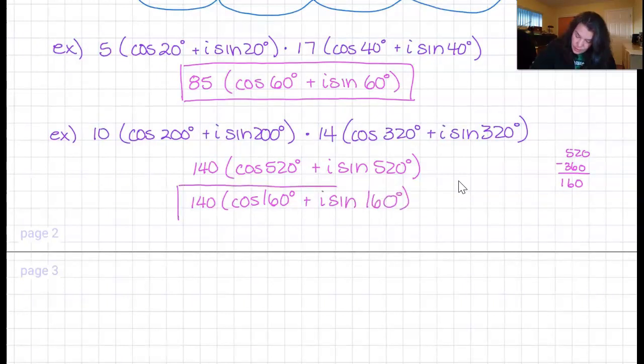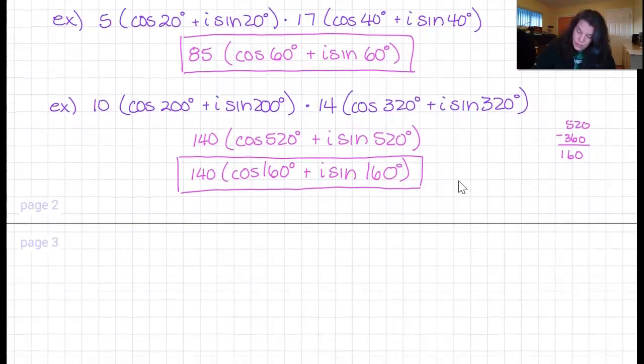The only other thing that could make it more complicated is if the angles were in radians, then you probably have to deal with common denominators and fractions. So, for instance, if we look at division, let's say we had 20 degrees plus i sine, oh wait, but I wanted radians.